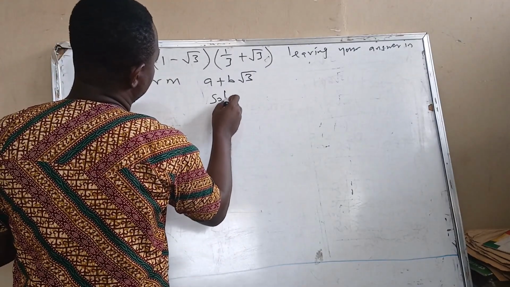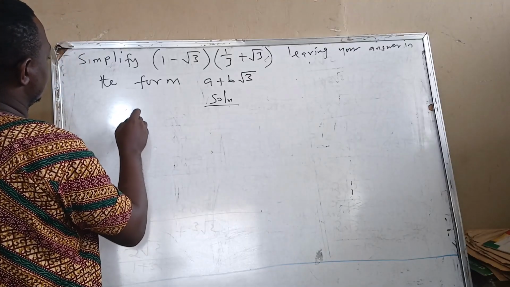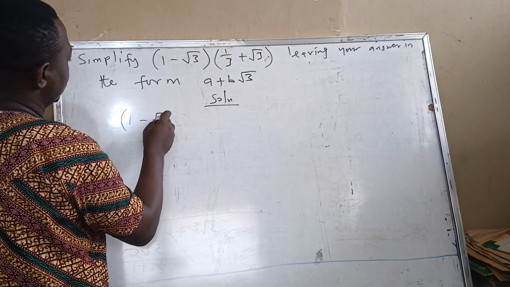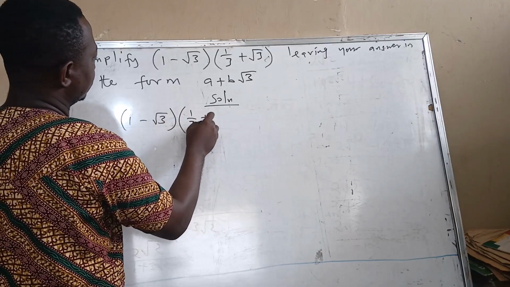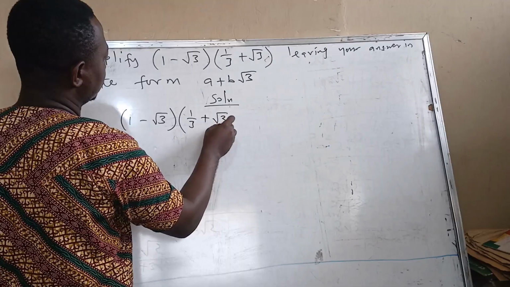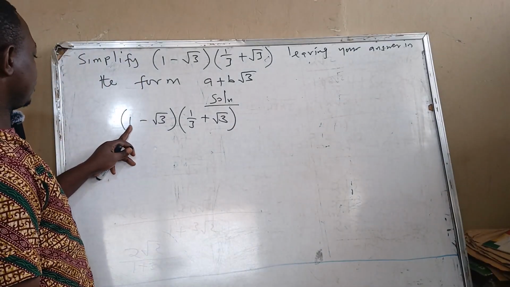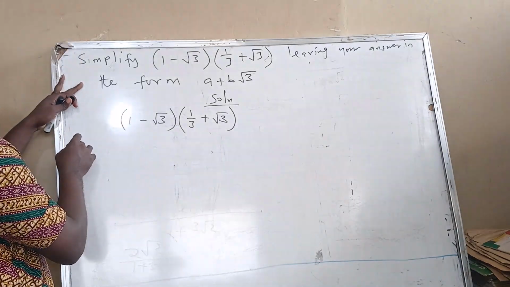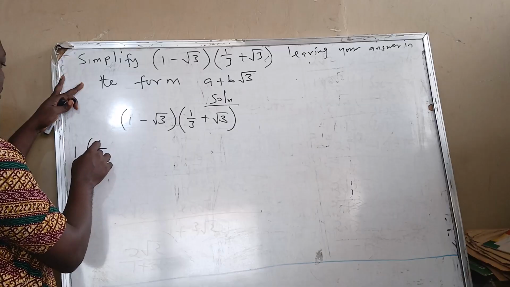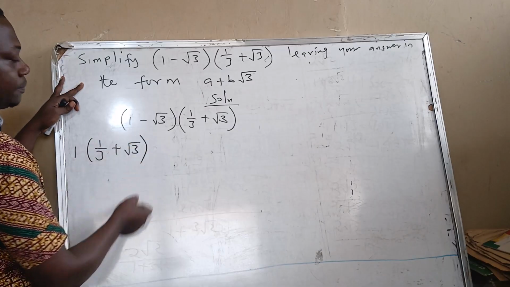So what I'll do here is very simple. So I'll write this one as 1 minus root 3, you have 1 on 3 plus root 3. So I'll use the first number here to multiply the first bracket. That'll be 1 times 1 over 3 plus root 3.